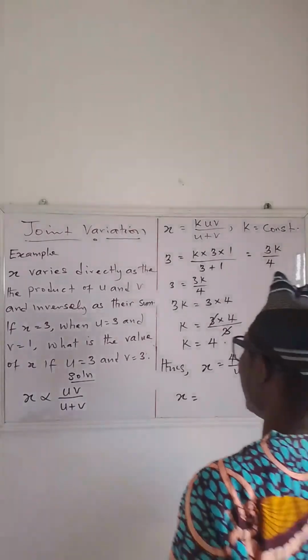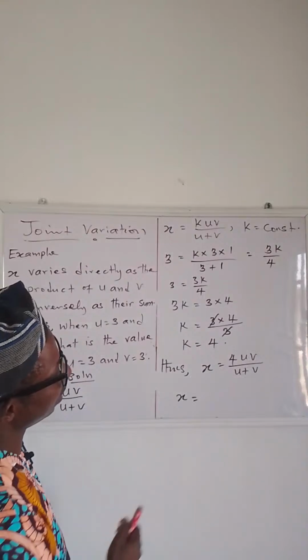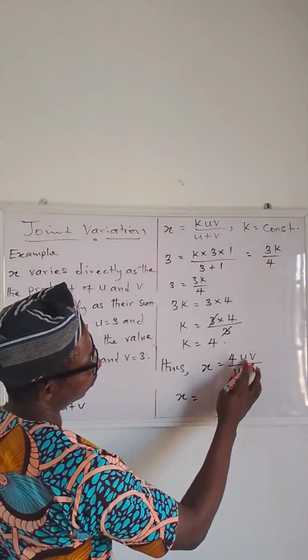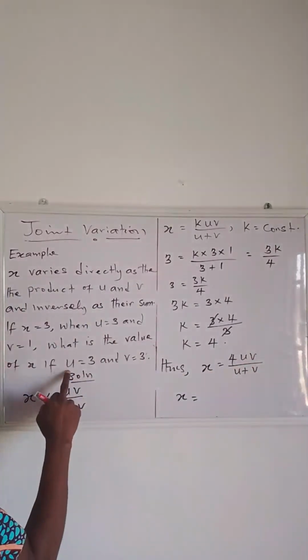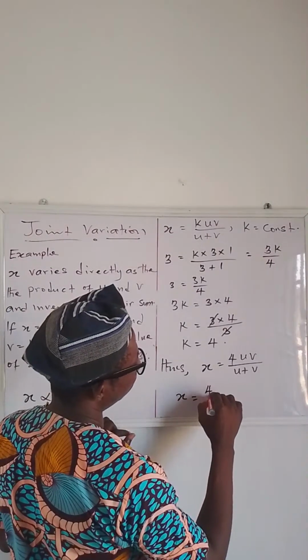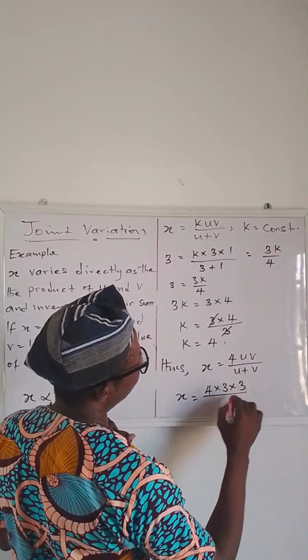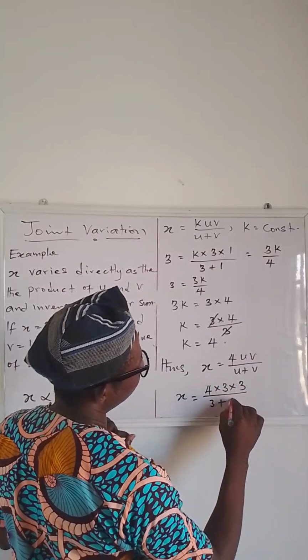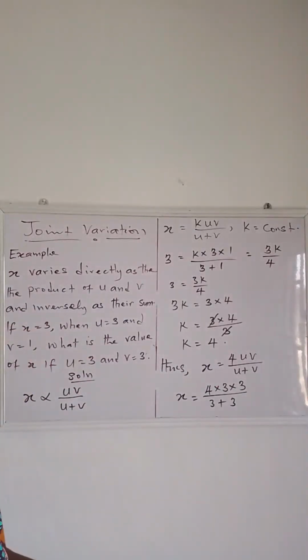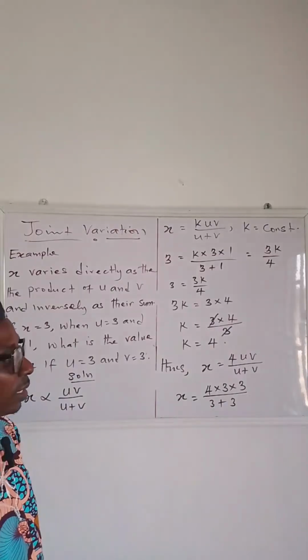plug in the values and let's see those that are correct. Now in the question, U is 3, V is 3. So we have 4 times 3 times 3 over 3 plus 3. Because U is 3, V is 3. So now you multiply all of these together.